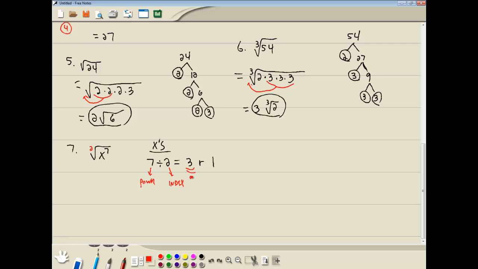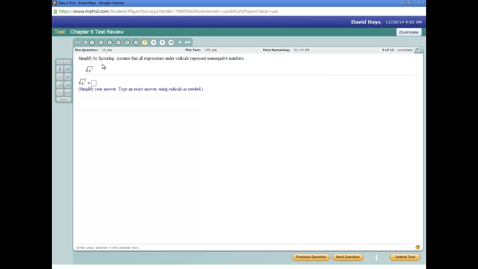Now this is how many come out, and this is how many stay in. So that means I'm going to have 3 x's come out. So I got x to the 3rd, square root, and we got 1 x left inside. So we got x to the 1st inside there, which is x to the 3rd power square root of x. And that's our answer.